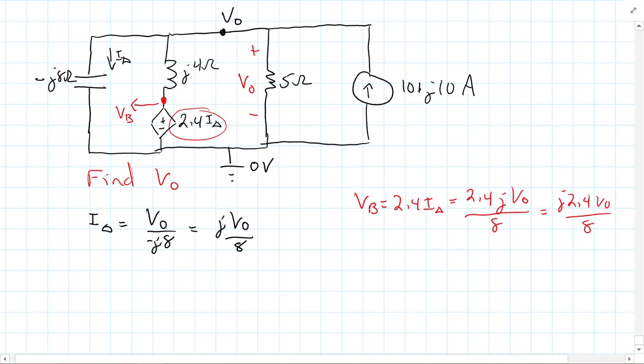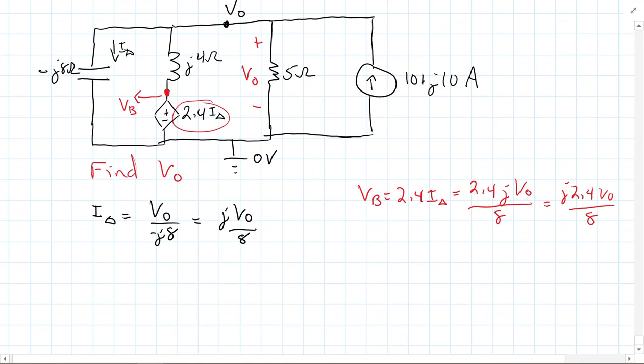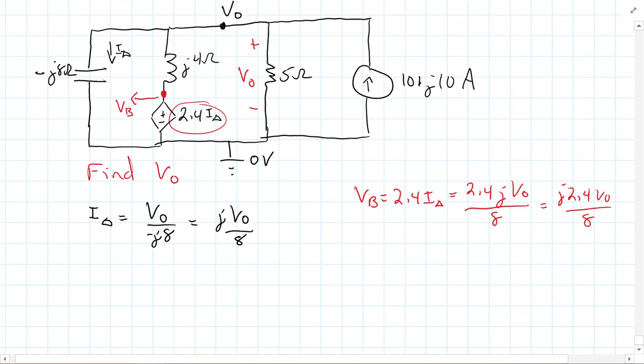Alright, so now we are ready to write our node equation. I'm going to do it as the current coming in is equal to the current leaving. So I've got three currents leaving this node, which I drew in blue, and then one current coming into the node.